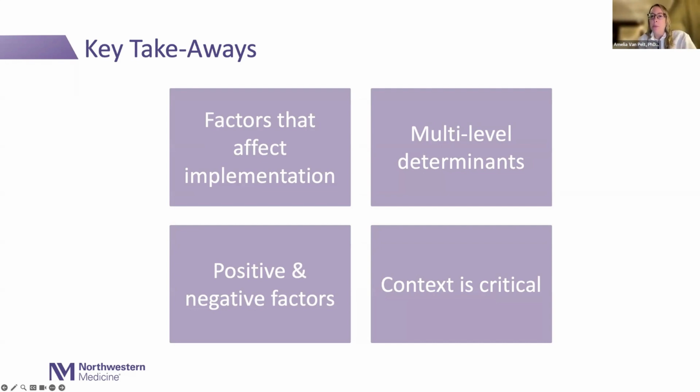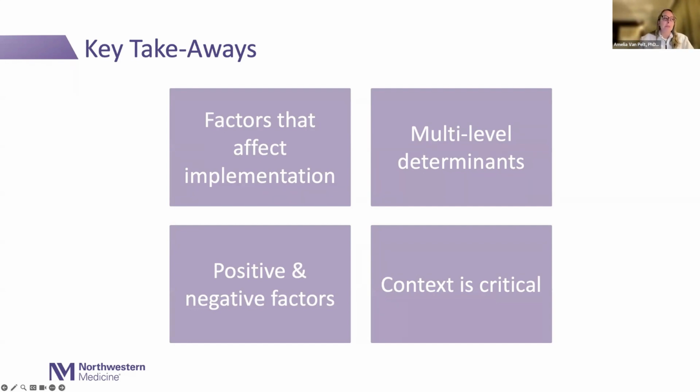But to wrap us up, before we break out into our discussion groups, we want to just reiterate the key takeaways. So first, implementation determinants refer to factors that affect or influence implementation. You can have multi-level determinants, so again, across all those ecological levels in CIFR. You can have positive factors such as facilitators or negative factors such as barriers.